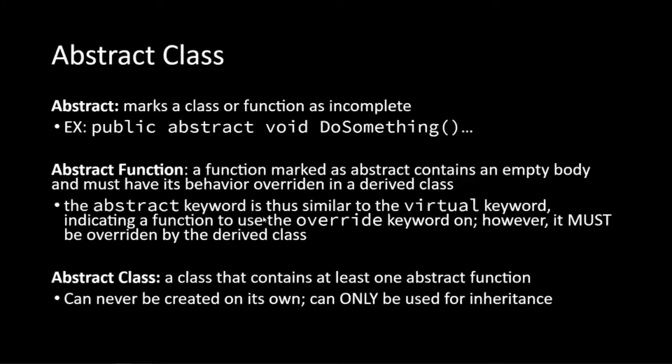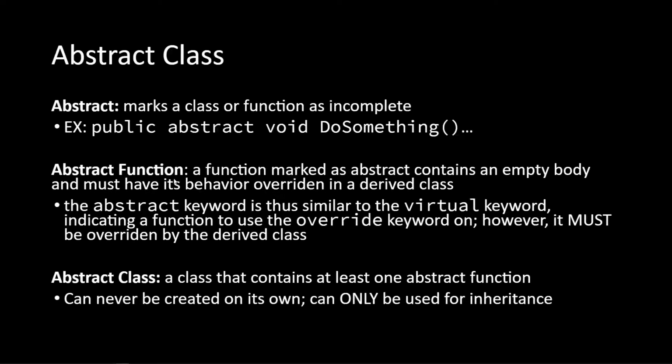A function marked as abstract contains only an empty body and must have its behavior overridden in a derived class. So basically an abstract function is a placeholder within a base class for something that must be overridden in a derived class. You're basically leaving a hole into which you must fill something.